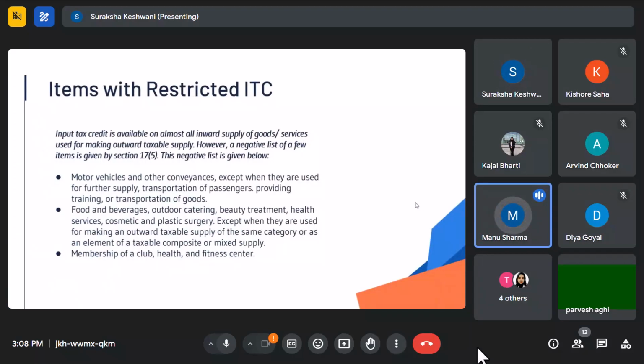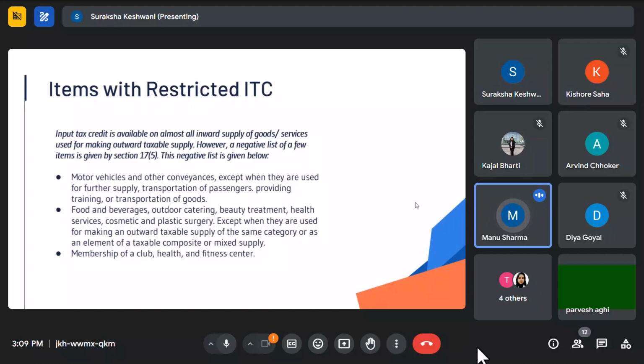Talking about the items with restricted ITC, usually input tax credit is available on almost all kinds of inward supply, but a negative list of a few items is given by section 17(5). This list includes motor vehicles and other conveyances, except when they are used for further supply, transportation of passengers, providing training, or transportation of goods.